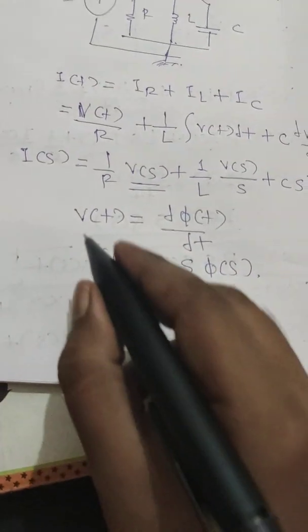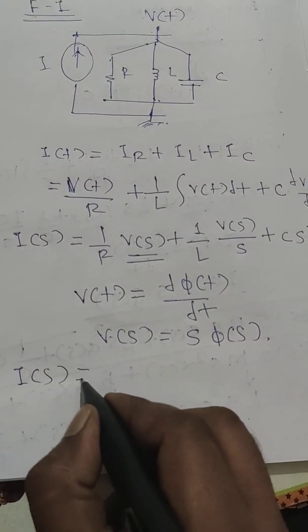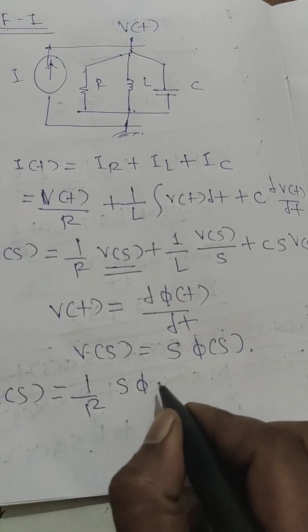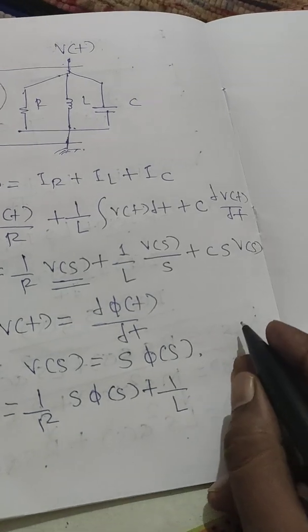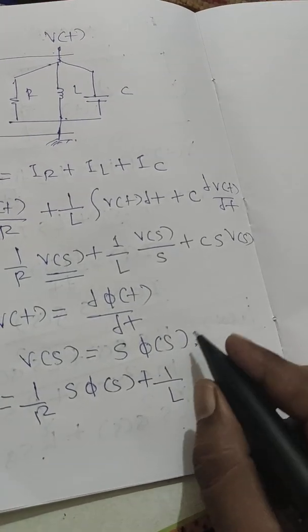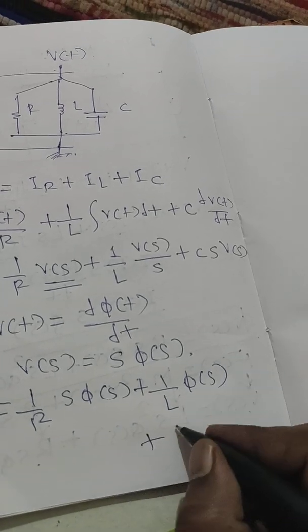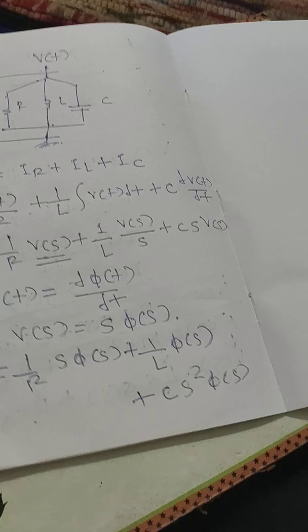We put this in the equation of I of s and get I of s equal to 1 upon R s into phi of s plus 1 by L, where the s cancels, so it is only phi of s, plus C into s square into phi of s.